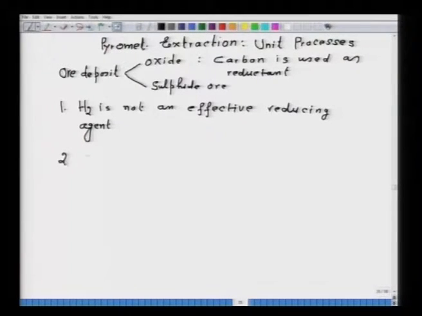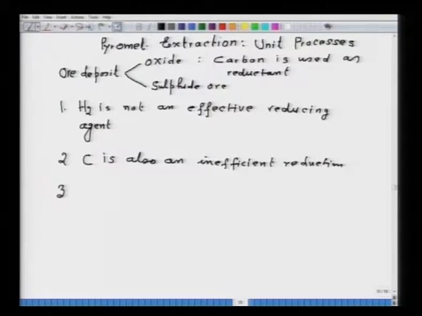Second, carbon is also an inefficient reductant. This information you can get from the Ellingham diagram of sulfides.